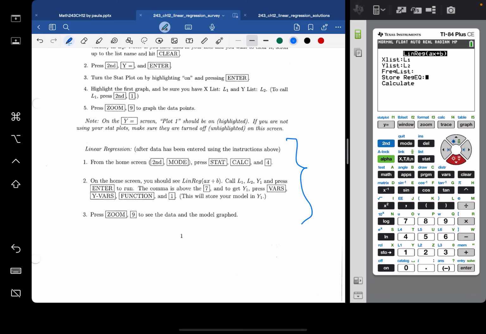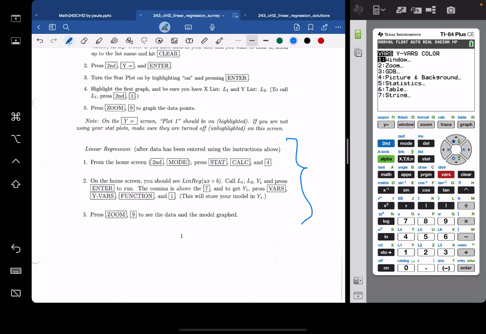And then where do you want to store the regression equation? You don't have to do this, but if you want the line to show up on your graph, then you should tell it to put the regression equation in Y1. And here's how you tell it. You press vars, Y-vars, enter for function, and enter for Y1.